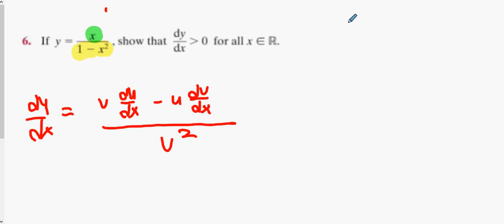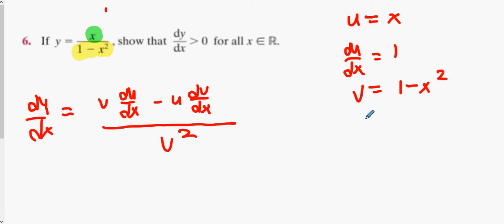Now, u is equal to x, and then what do we have next? Differentiate, and what do we get? 1. And then v, then dv/dx. Once we differentiate it, we kill it with that.